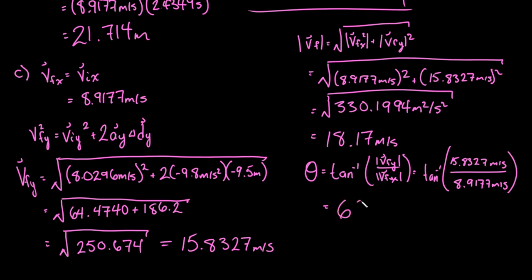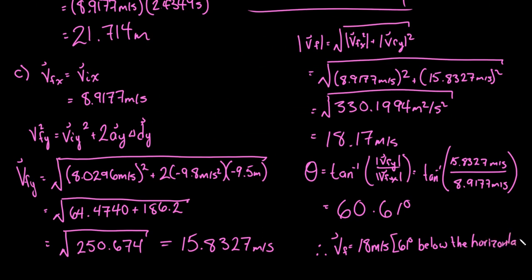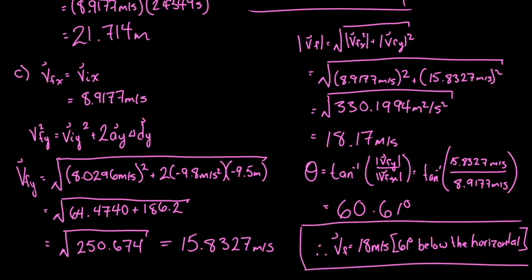And I get an answer of 60.61 degrees. So therefore, the final velocity that our rock hits the ground with is 18 meters per second at an angle of 61 degrees below the horizontal. Okay, and that's it for projectile motion day one.